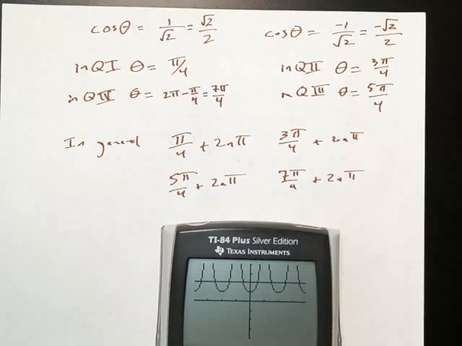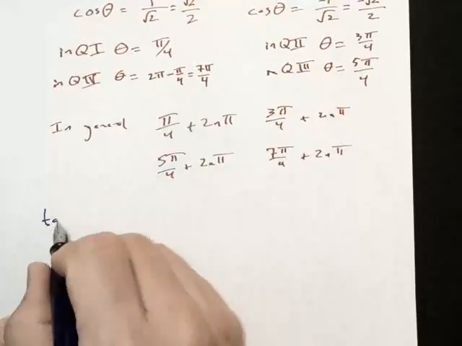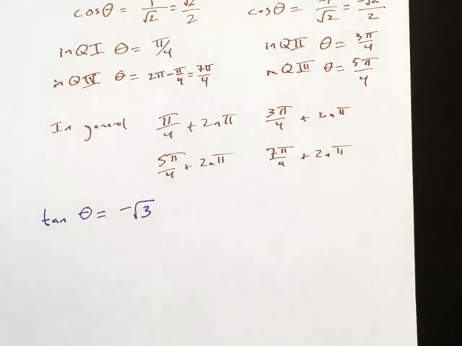If I'm working with tangent or cotangent, the basic period is not 2 pi, it's 1 pi. So if I go to solve a problem in tangents, I need to remember the basic period for tangent is 1 pi.